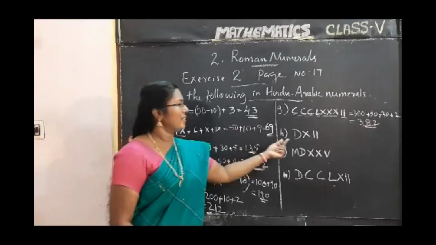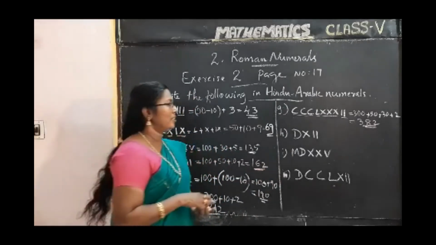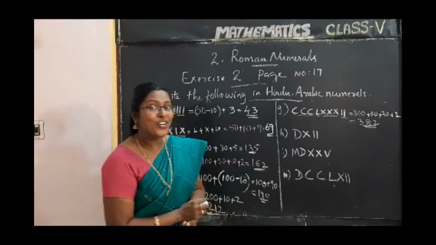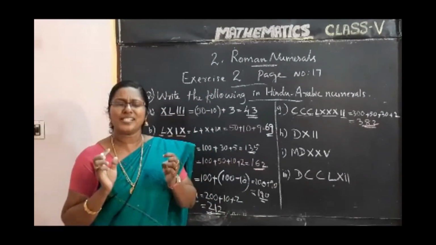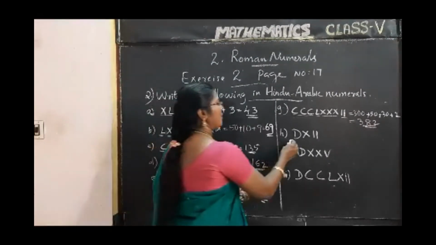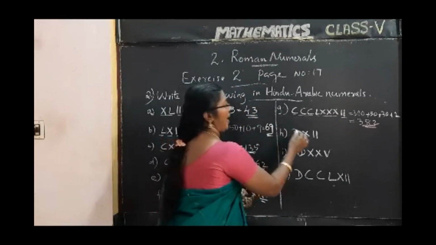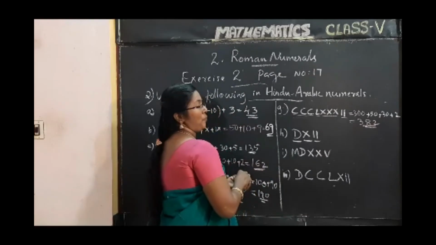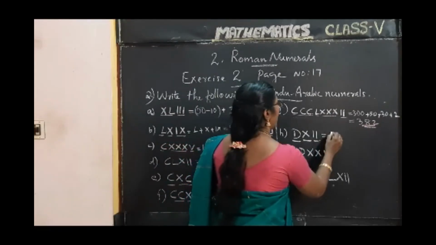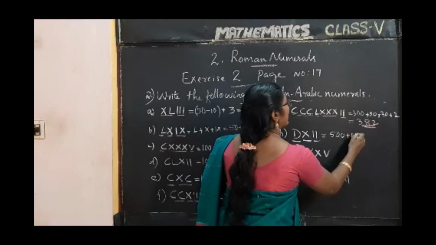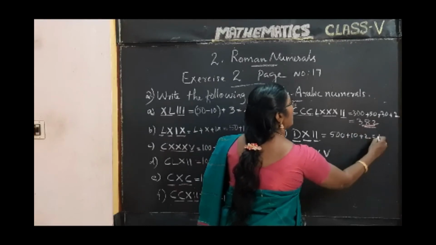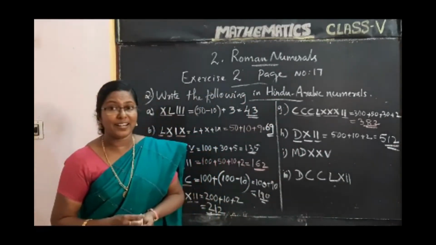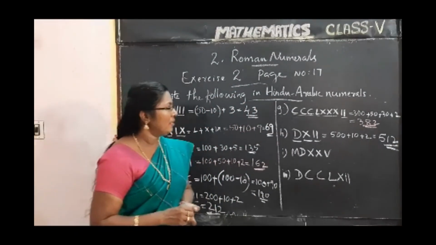Okay. Then the next one is DXII. D denotes? Yes, 500. D denotes 500 and X denotes 10 and II makes 2, equals 500 plus 10 plus 2 equals 512. Clear? 512. Yes.